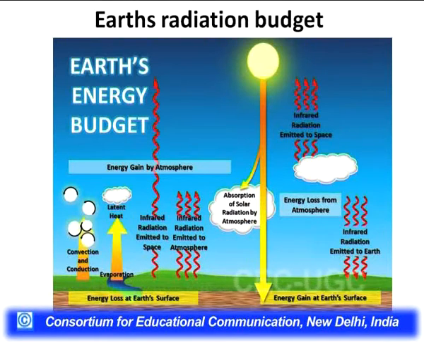Some is being absorbed by the clouds, etc., or the atmosphere, while going back a very significant portion is getting absorbed by the atmosphere. There are 2 more factors you will see here on the right hand side. One is written as convection and conduction, another is written evaporation or latent heat.